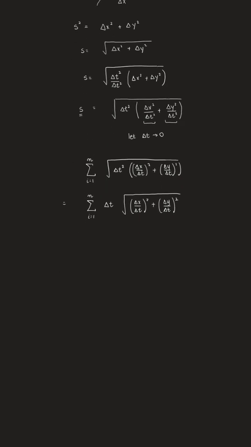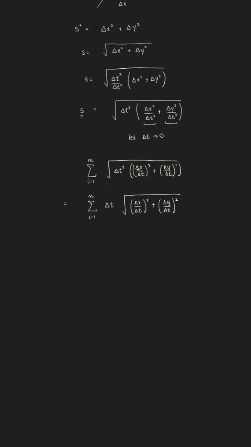Now, if I take the limit of this sum, which I'll just call capital S for now since we've added up all those segments, I'm interested in the limit as delta t goes to 0 of the sum from i equals 1 to n of delta t. The i is an index because some of the intervals could have different lengths, and we could have a delta t sub i, but I'm being a little bit general here.